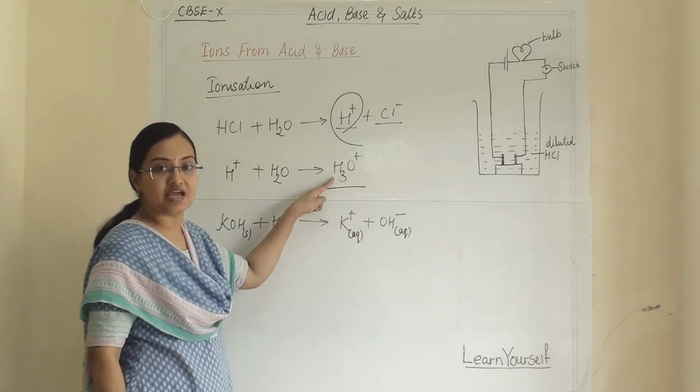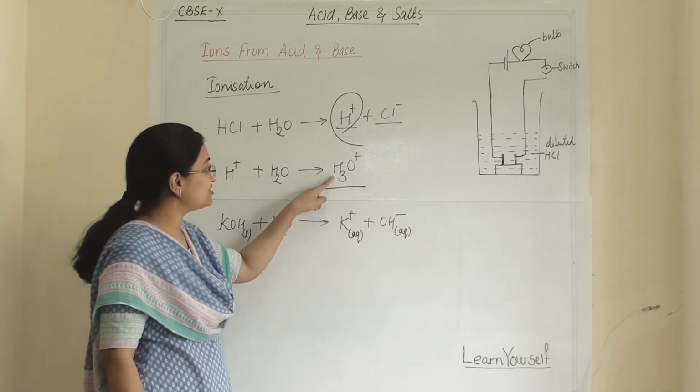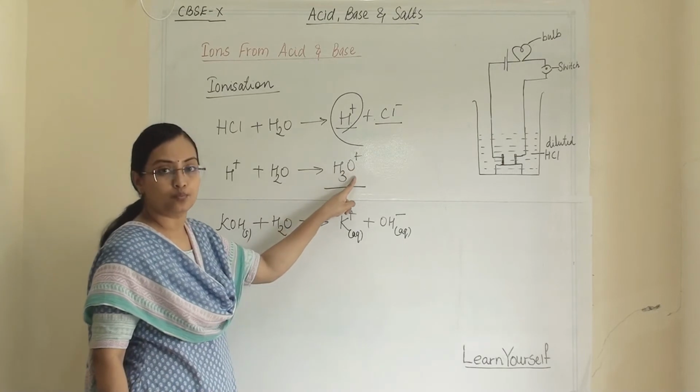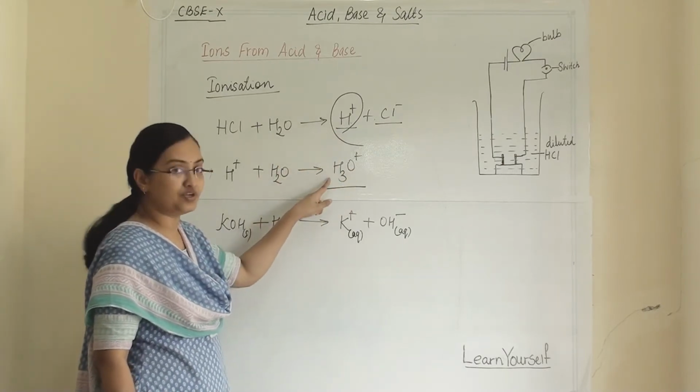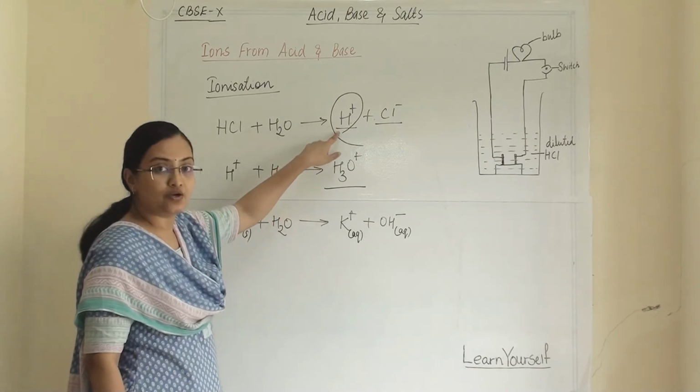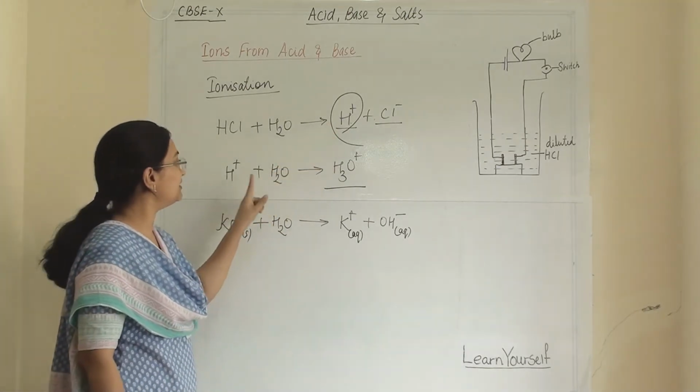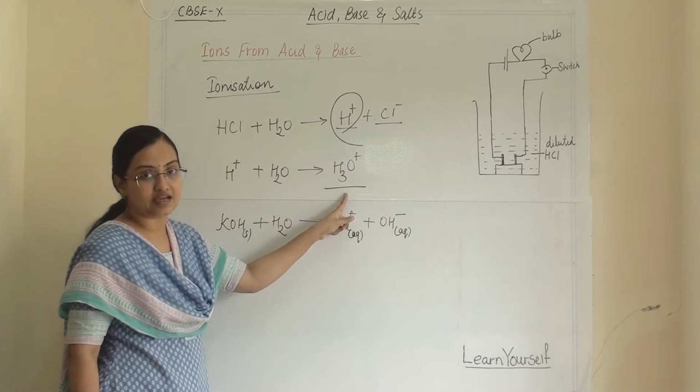This is known as the hydronium ion, and its formula is H3O plus. This is the hydrogen ion and this is the hydronium ion. This H plus cannot stand alone, so it reacts with water and we get the hydronium ion.